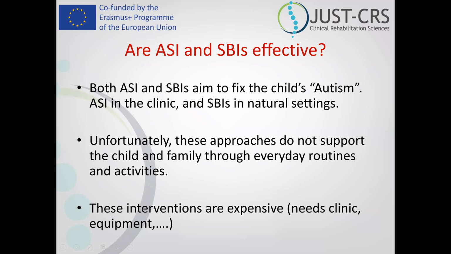So are Ayres sensory integration and sensory-based interventions effective? Both interventions aim to fix the child's autism. What I mean is the underlying problems in performance skills and client factors.